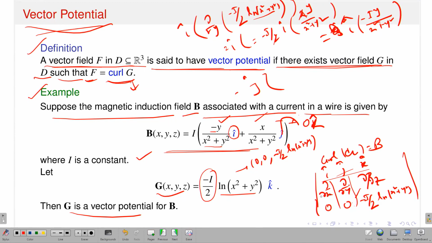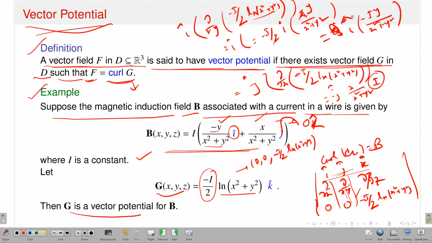Minus again del del x of minus I by 2 ln x square plus y square, and this one will be 0, del del z of 0. So, this is minus j cap. We just do the same calculation. I think this minus and this minus will get cancelled, so you will have actually j cap times x by x square plus y square times I.